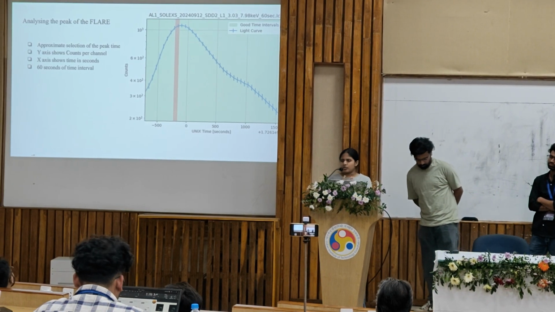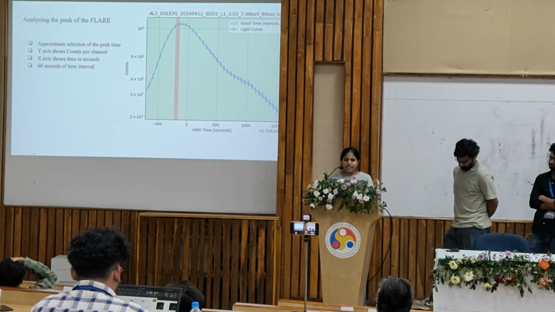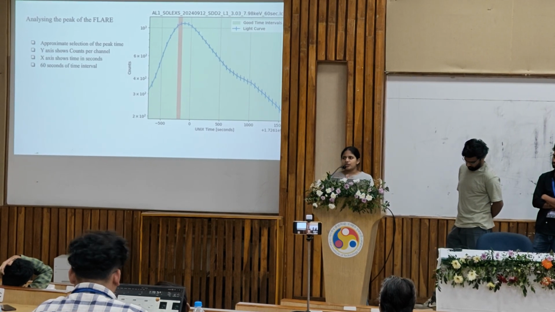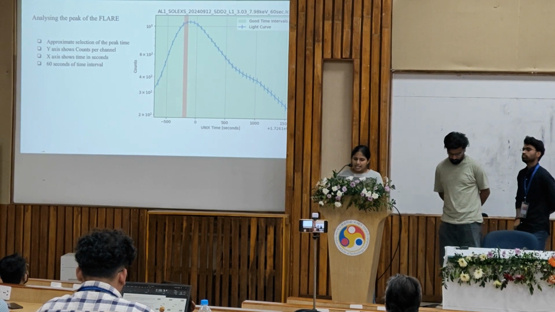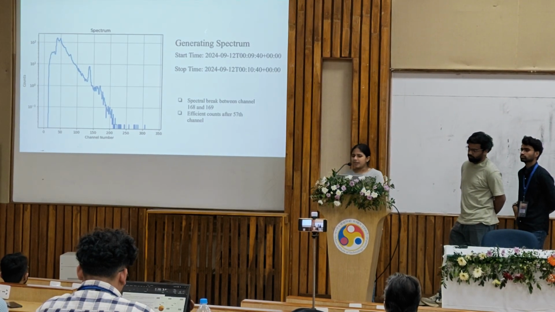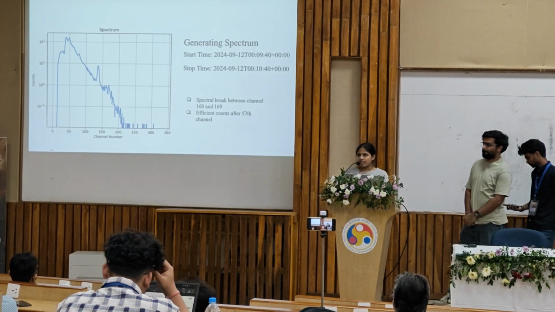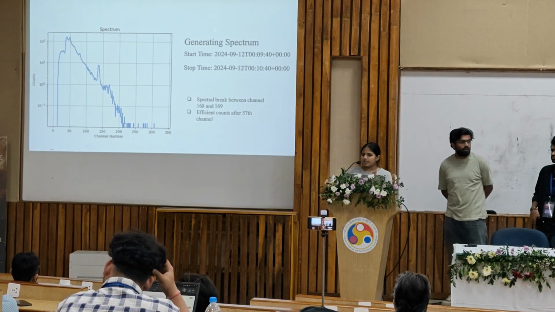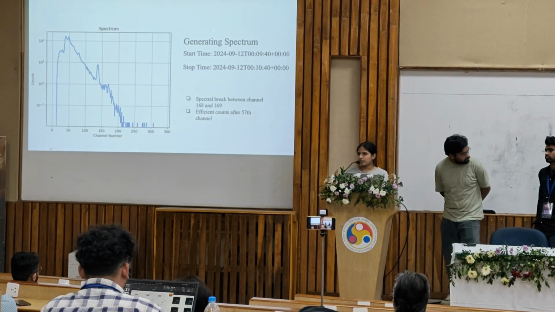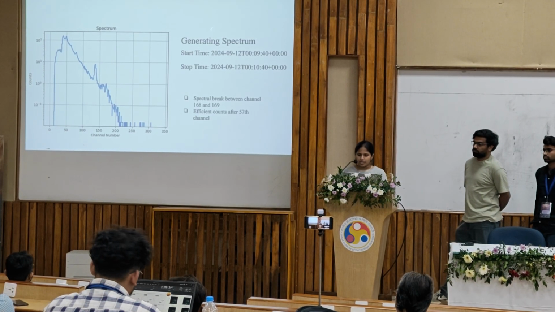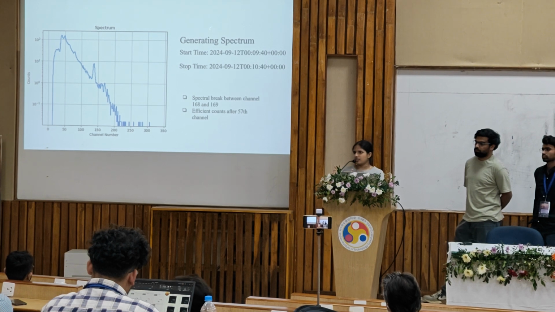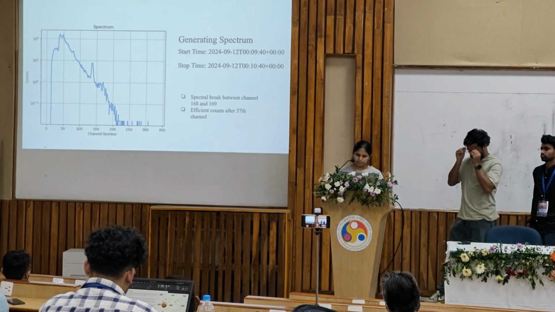Those 60 seconds we are going to analyze now. In this interval, the flare has almost its peak value. Here we will be generating a spectrum, and the time we have taken was from 9 minutes 40 seconds to 10 minutes 40 seconds. That is the start time of the flare, I mean the peak, where the peak starts to be prominent.